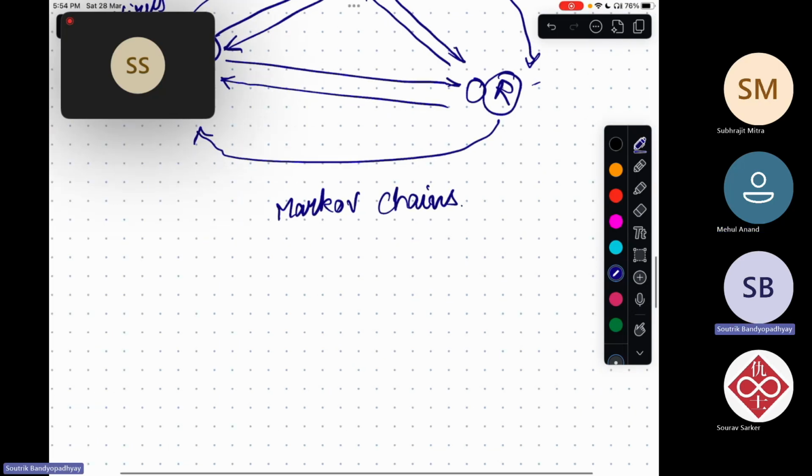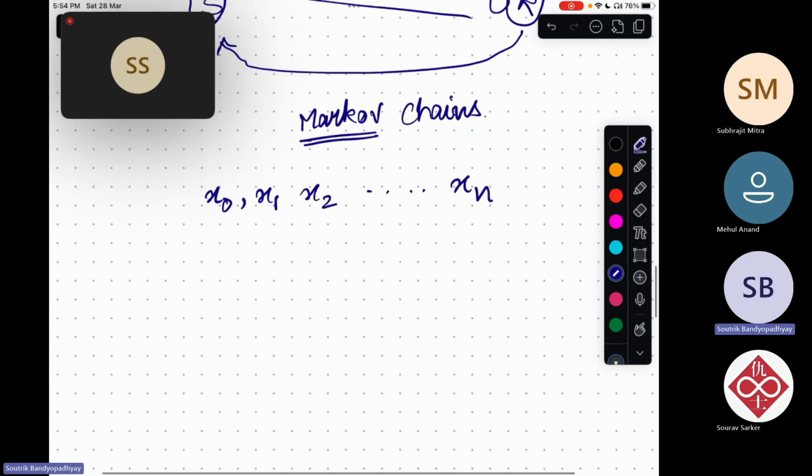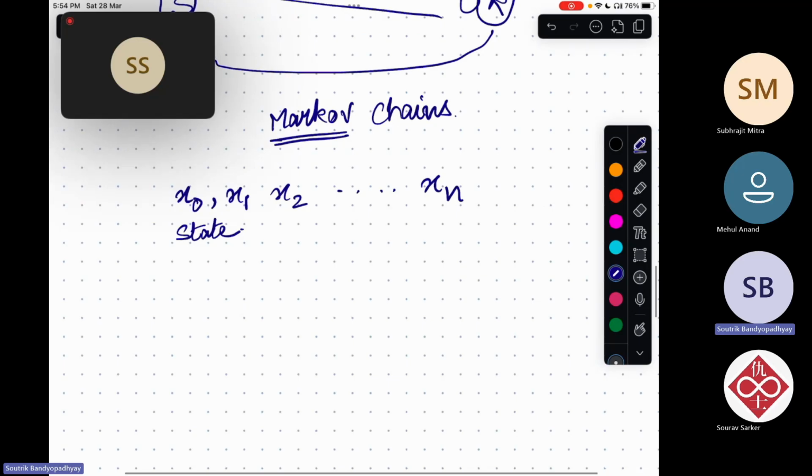Right? Now let's dissect this word Markov. Suppose I have the entire history of this state that I had: x0, x1, x2, so on and so forth up to xn, right? Now this can be the state which I mentioned. This entire trajectory of the state is called a state trajectory.